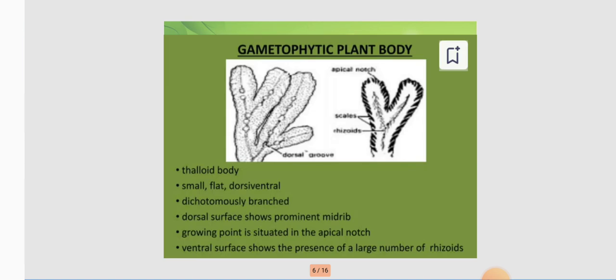Next, the gametophytic plant body. The plant body is divided into two views, dorsal and ventral. The first figure shows the dorsal view. In the dorsal view, the gemma cup is present in the thallus of the gametophytic plant body, and on the ventral side the apical notches, scales and rhizoids are present.